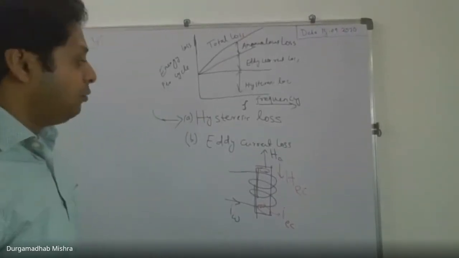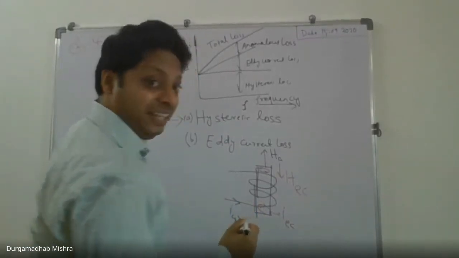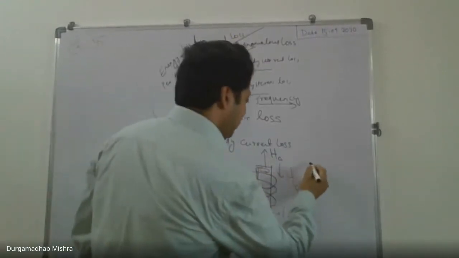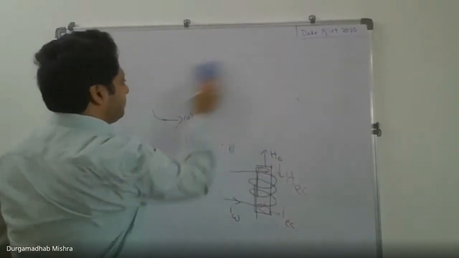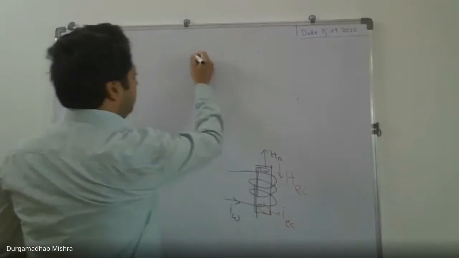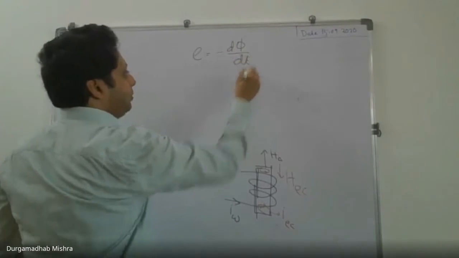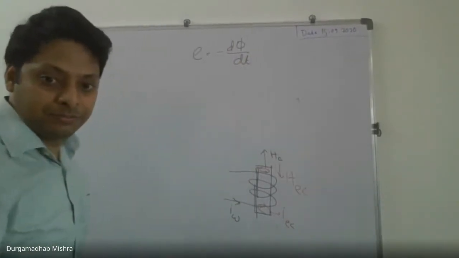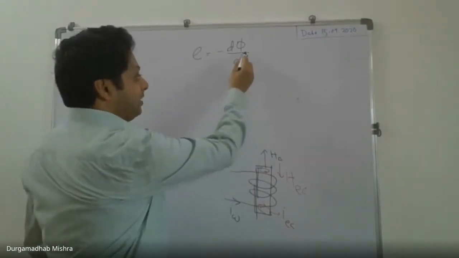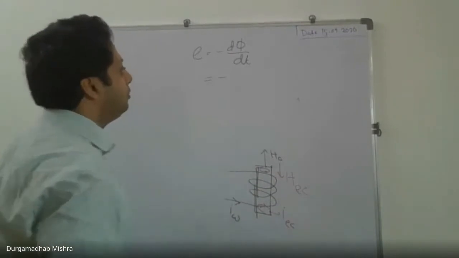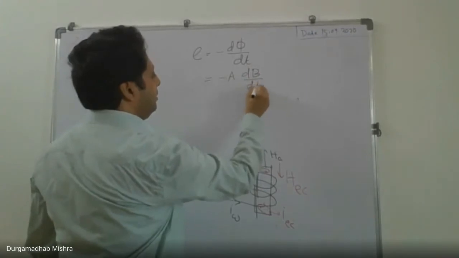Now when you look at the eddy current, the induced EMF, how much is it? The induced EMF in such a case is minus d phi by dt, where phi is the magnetic flux, which you can write as A dB by dt.